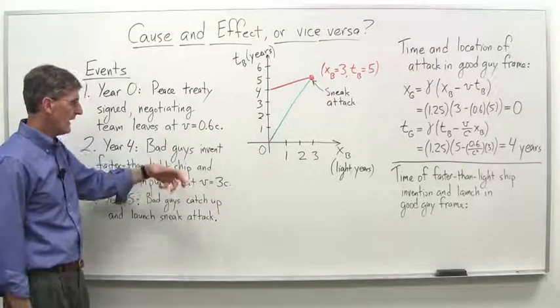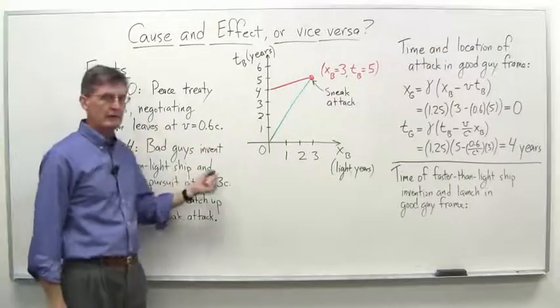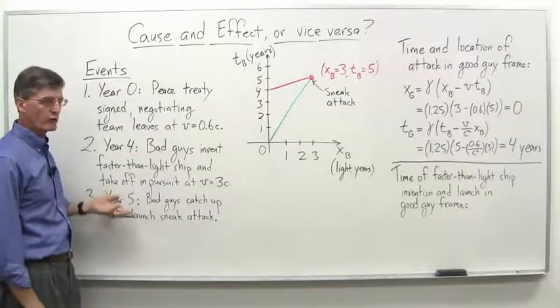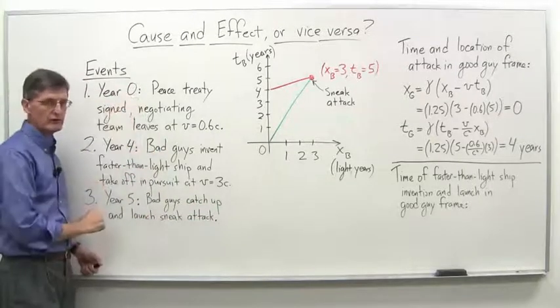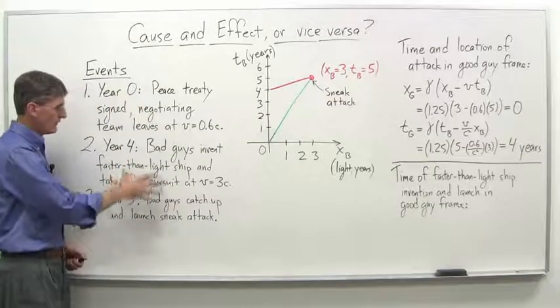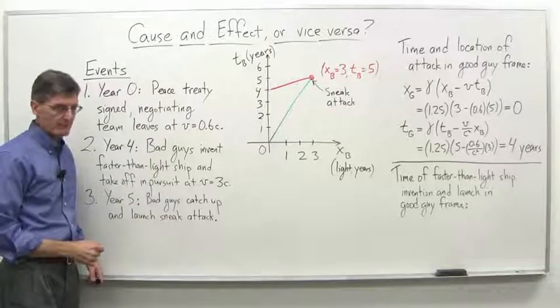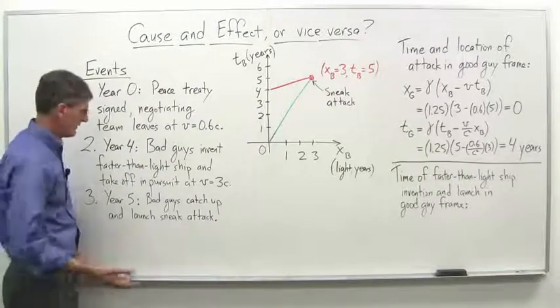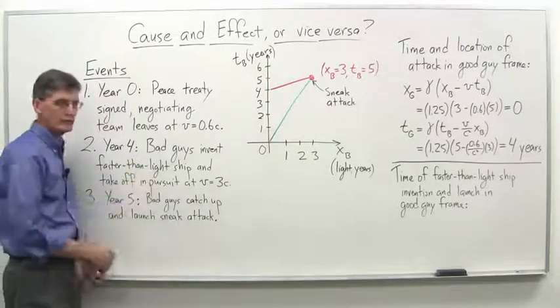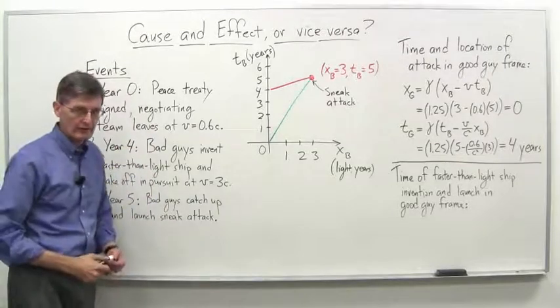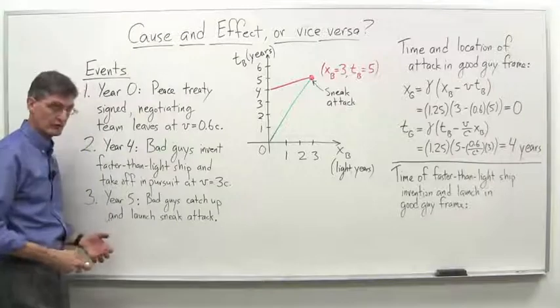And it turns out that in the meantime, after they have left, over the next 4 years, and we're calling that year 0, the bad guys are able to invent a faster-than-light spaceship. And being bad guys, they say, we're going to take off in pursuit of the good guys, our enemies, because now we have a chance to really put it to them.